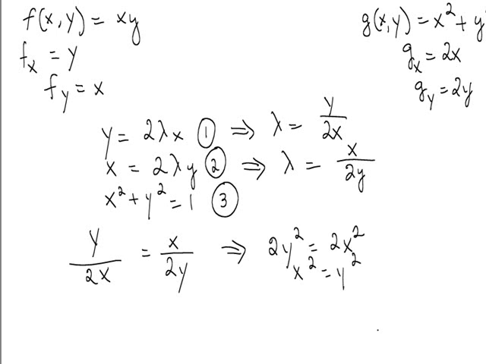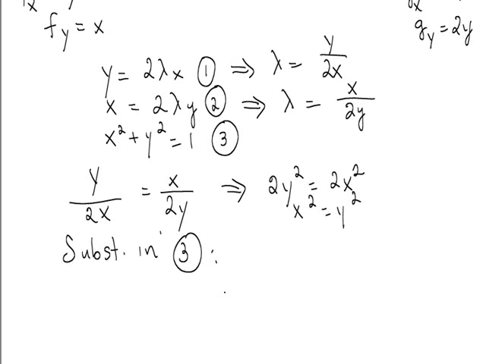Now what I'm going to do is to substitute into 3. And that's an easy substitution because we can substitute for y squared. Y squared is x squared. So what does 3 become?